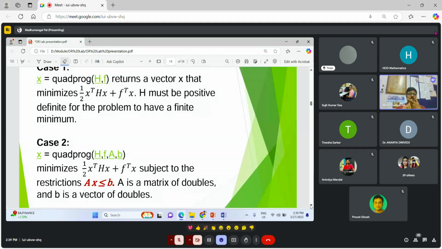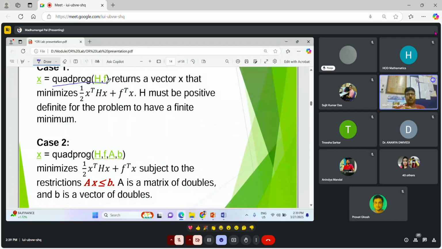Now, what is the function to solve the quadratic programming problem? That name is quadprog. See that here quadprog is written. Quadprog is the corresponding function to solve the quadratic programming problem. In this case there are two arguments, H and f. H means your symmetric matrix for the quadratic expression, and f is the linear terms.